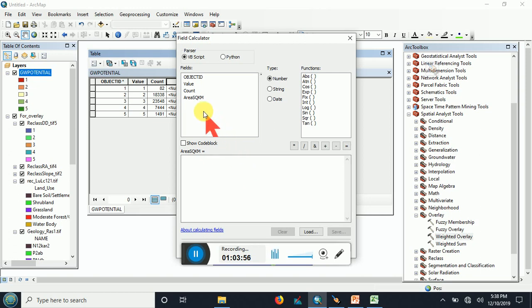What we are going to do is take the count, that means the cells, times the area of each pixel, which is 180 by 180, divided by a million, because we are going to convert it into square kilometers.